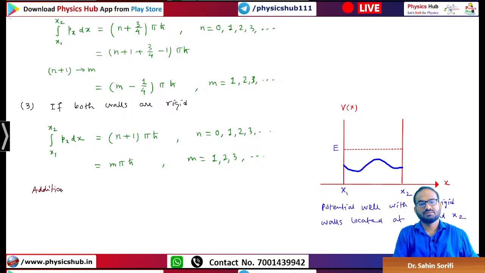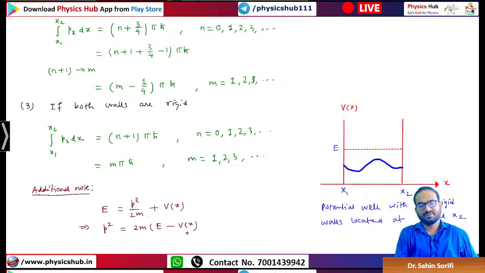Some additional note I'd like to give you here. Look, you know the total energy is p square by 2m plus V of x, right? So p square is equal to twice m times E minus V of x.